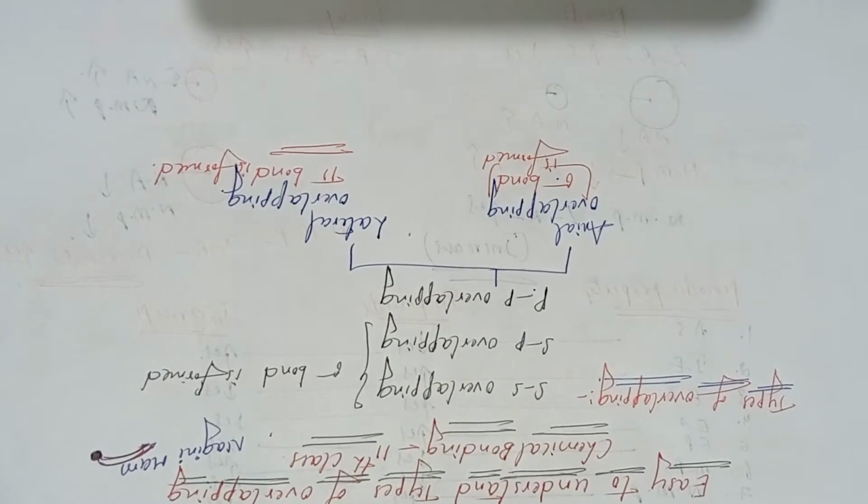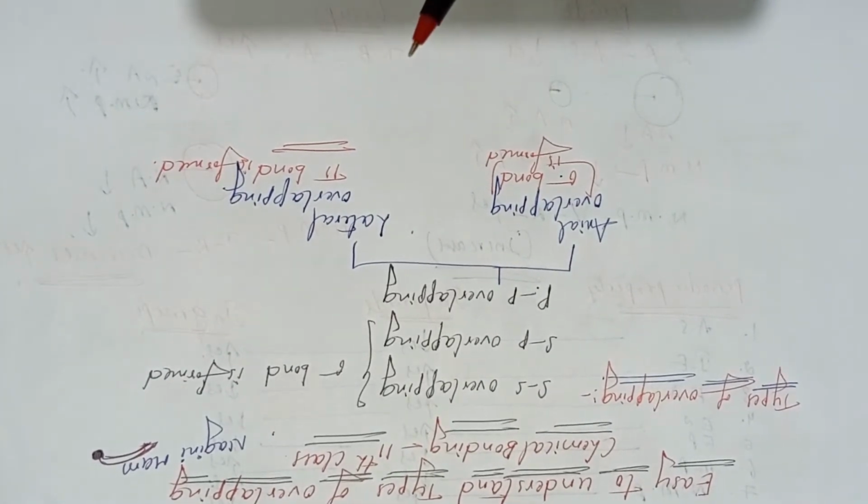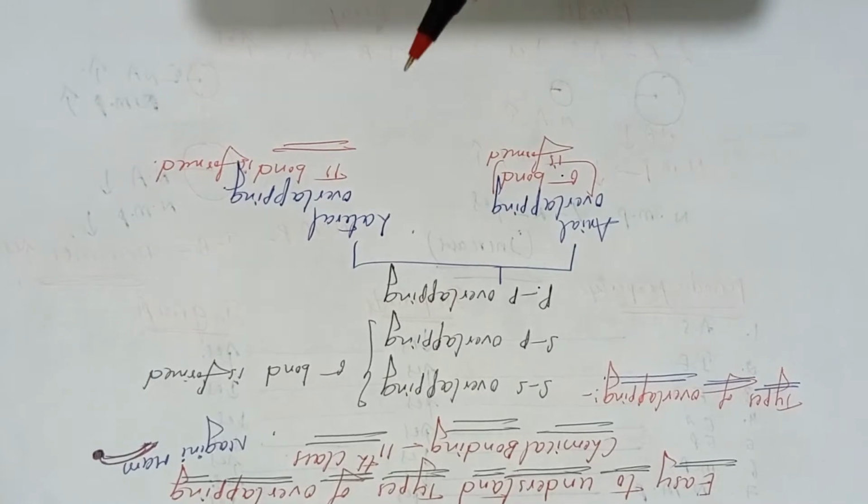So, first of all, what is sigma bond? What is pi bond? A covalent bond is classified into two different types, based on the type of overlapping.